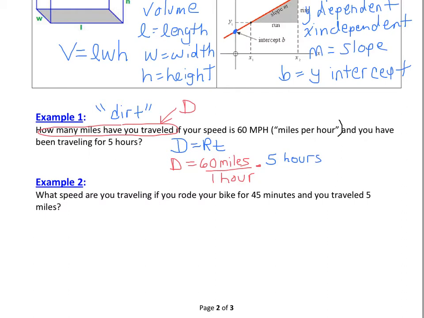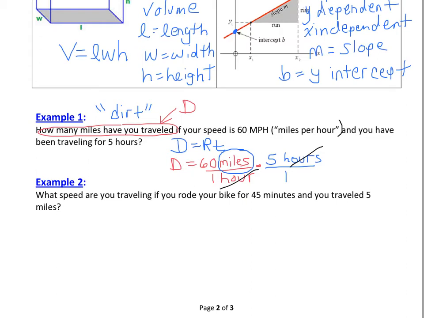It's almost like I have fractions I'm multiplying. If I have hours here in the numerator and hours down here in the denominator, it's just like if the numbers were canceling out. 1 hour divided by 1 hour, those units cancel. So we only have the units miles left, and that's perfect because we're looking for the distance.